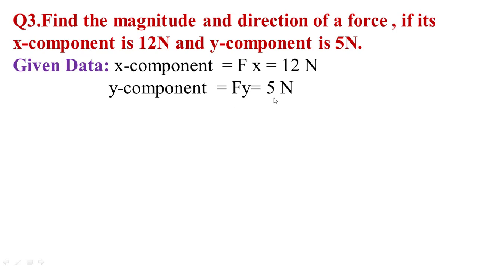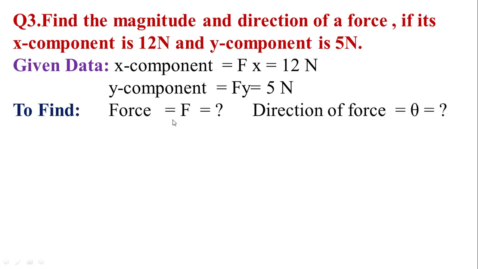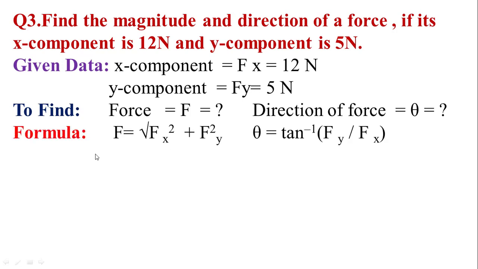We can find the magnitude of force and direction of force. So we write, to find: force F is equal to question mark and the direction of force theta is equal to question mark. Using the formula, F is equal to square root of F of x square plus F of y square. And for the direction, theta is equal to tan inverse F of y upon F of x.